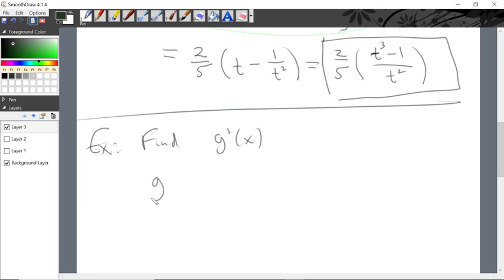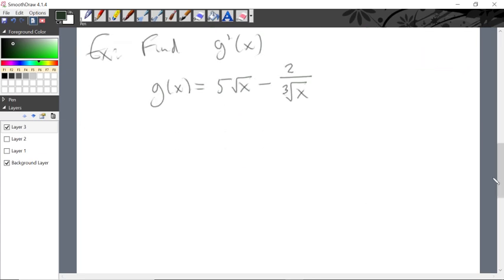Okay, we'll do that. If g of x is equal to 5 times the square root of x minus 2 divided by the cube root of x. So what's the derivative going to look like now?